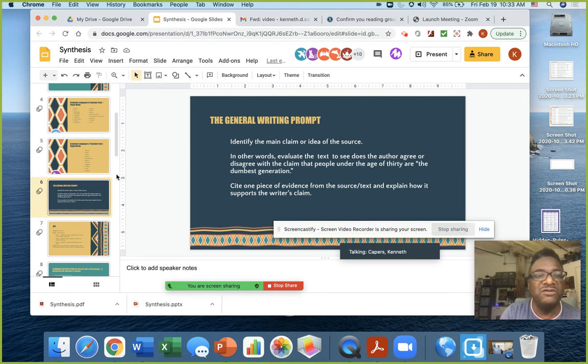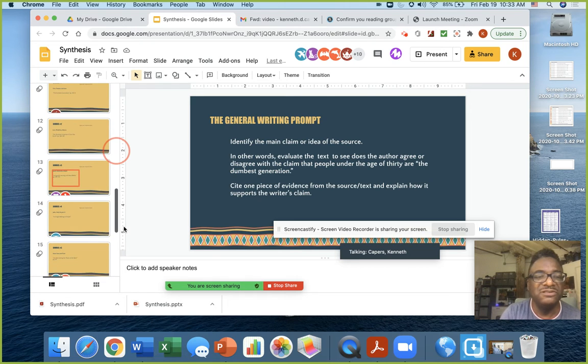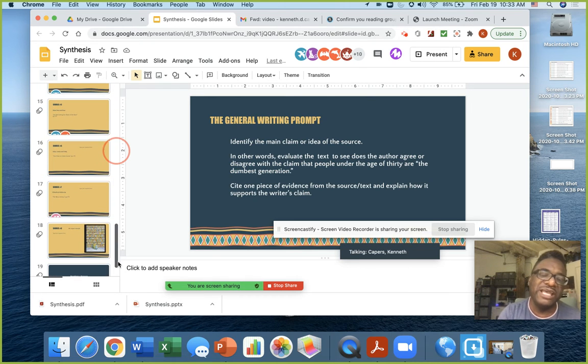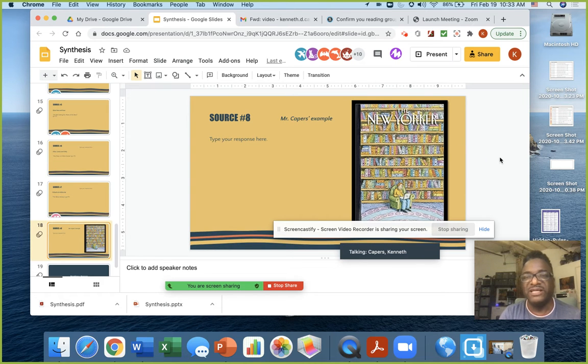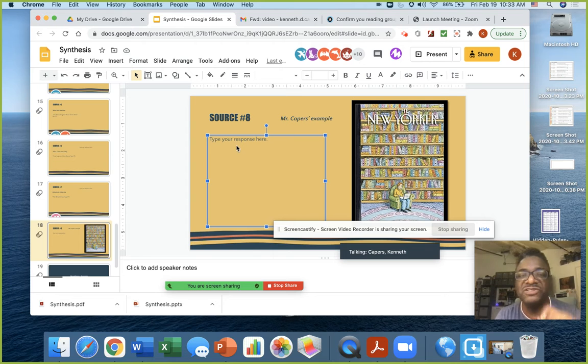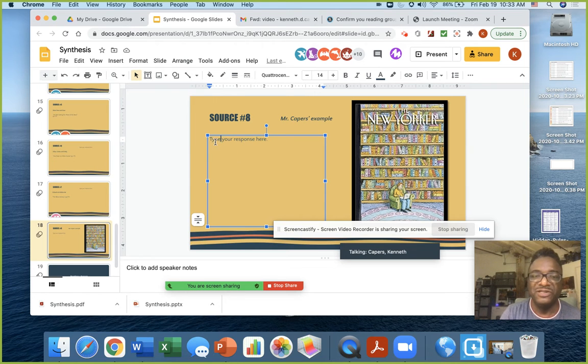Now, if we go all the way down, remember that there were 8 sources, but the 8th source was this political cartoon. Everybody see that? Yeah. We see it. Okay, this is what happens in the live document, and this is where you're going to ultimately end up writing what you do. See, I clicked on type your response here. So I'm going to actually put in what I think.